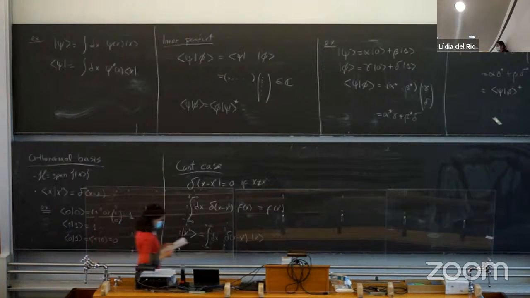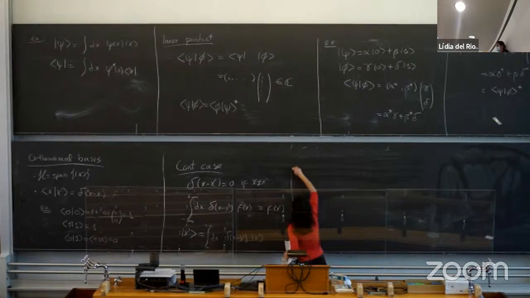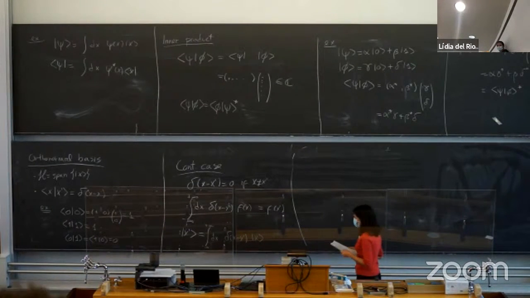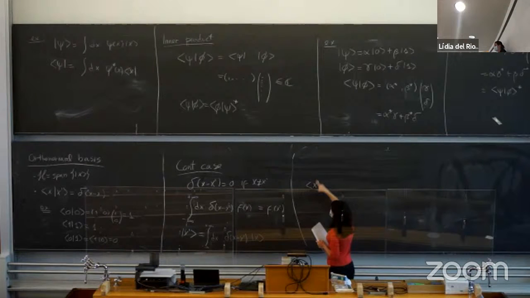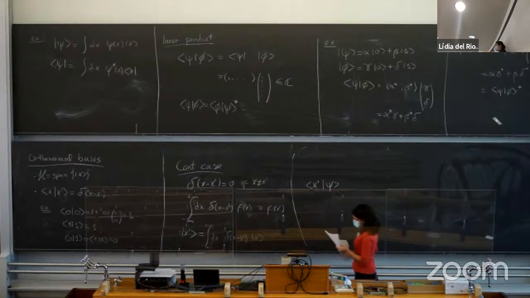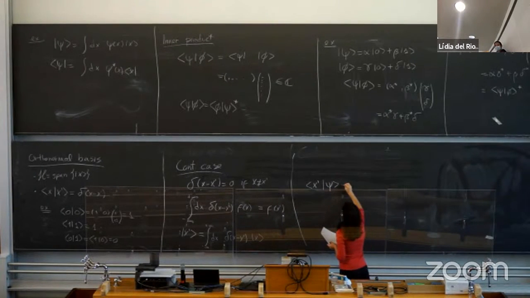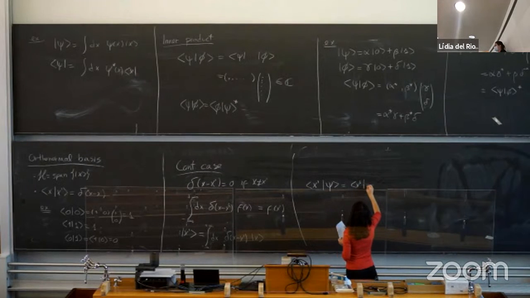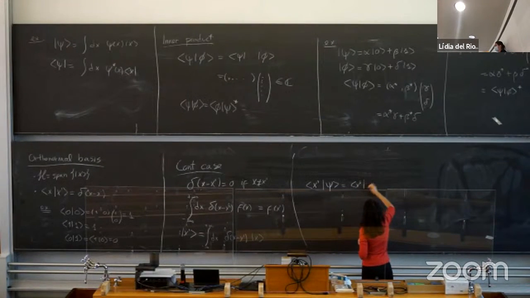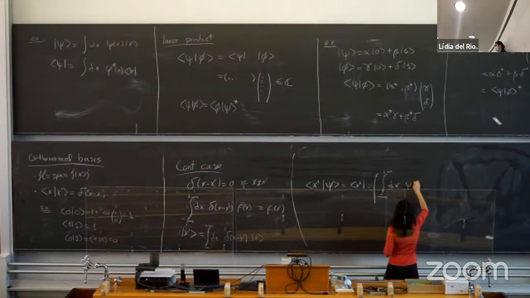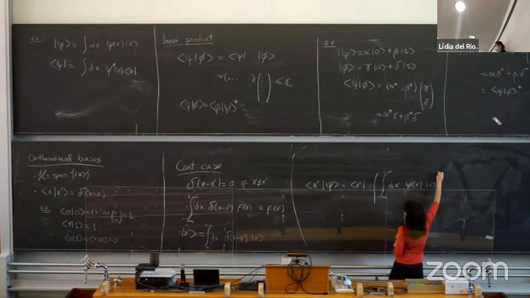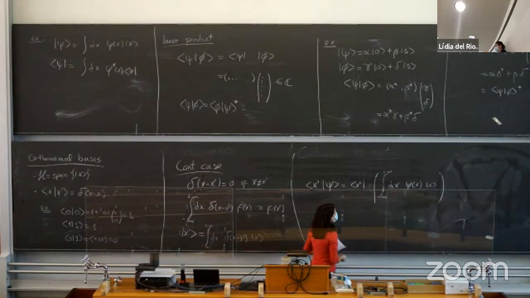Let's first do a very simple example of the inner product in the continuous case. So let's see what happens if I do the inner product of one basis element with my state. This is kind of important that you see how it works, because I put here the integral. I'm just expanding this state in its basis, like we saw before. But now look, this is a glorified sum, so it can go on the outside.